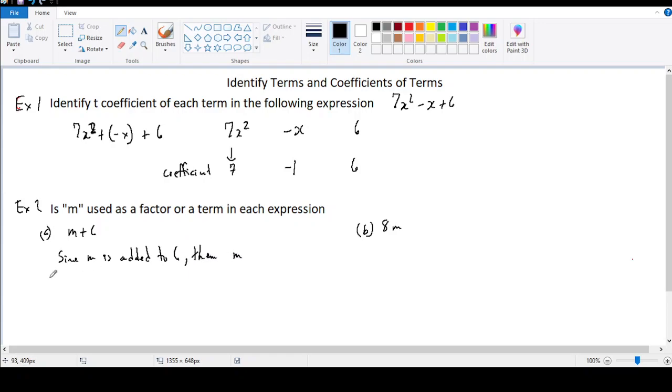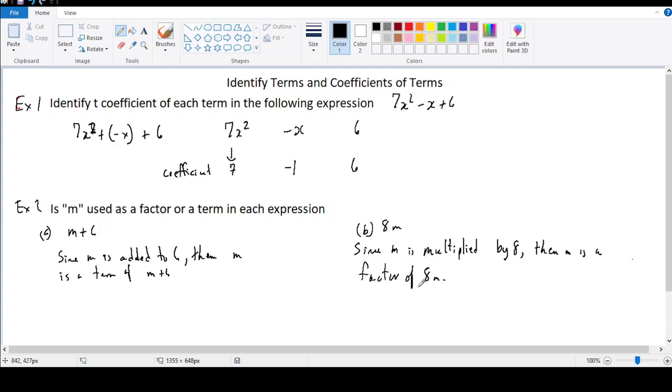Since m is multiplied by 8, then m is a factor of 8m. That's example 2.